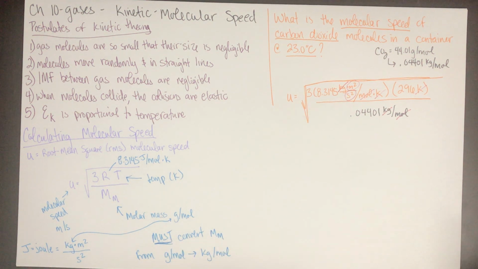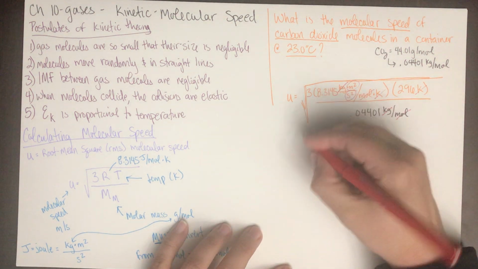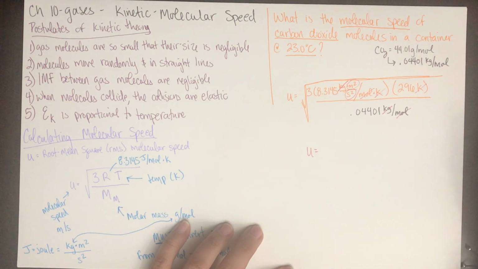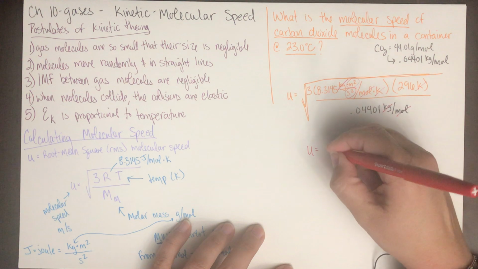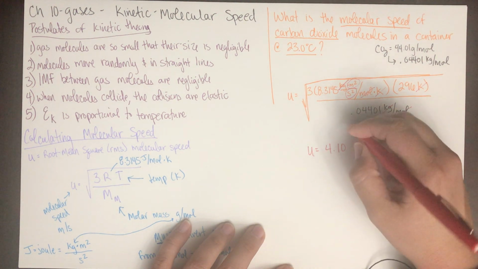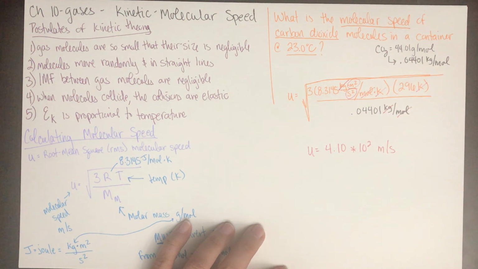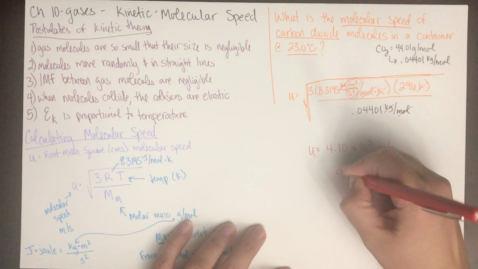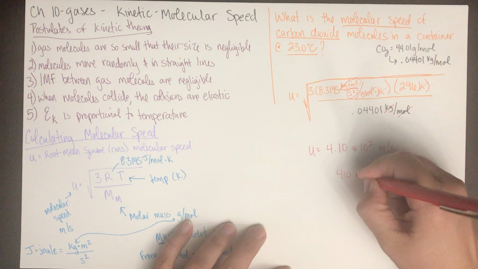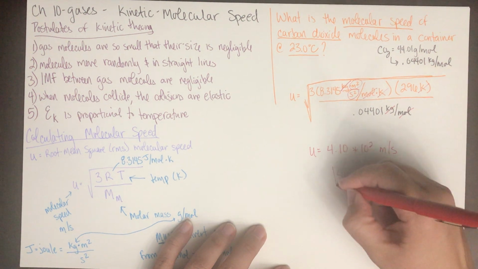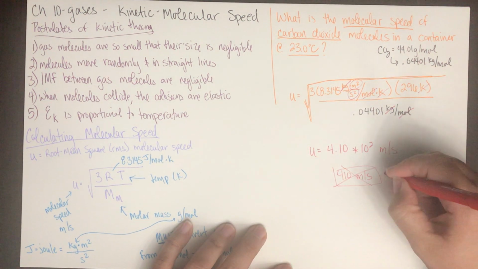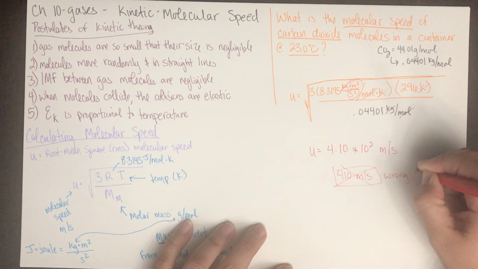So when you do all the math for this, you should get U, molecular speed, is about 4.10 times 10 to the second meters per second. In your calculator, you probably got 410 meters per second. This would have the wrong number of significant figures.